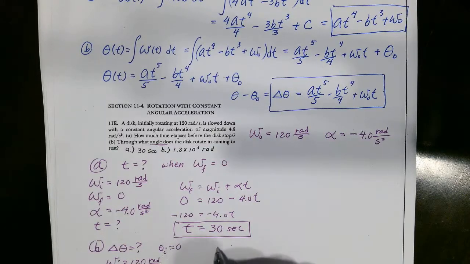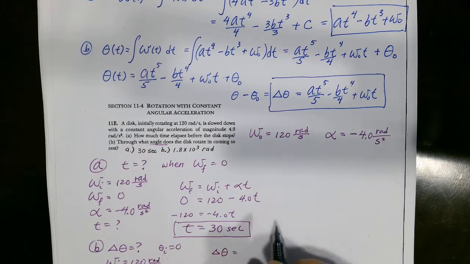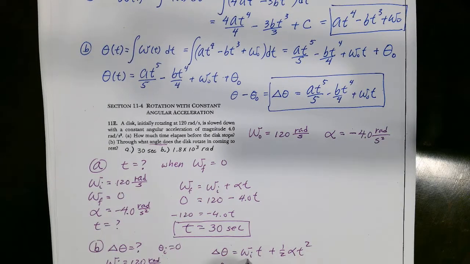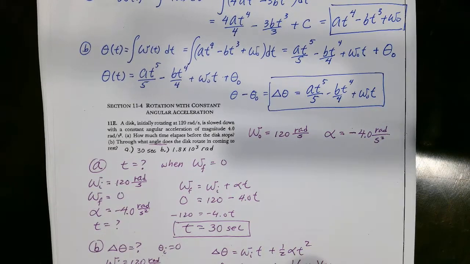So we know delta theta is equal to omega initial t plus 1/2 alpha t squared. So delta theta is equal to omega initial, 120, times time, 30, plus 1/2 times negative 4.0 times 30 squared. All right.